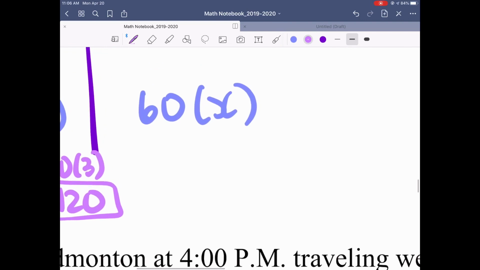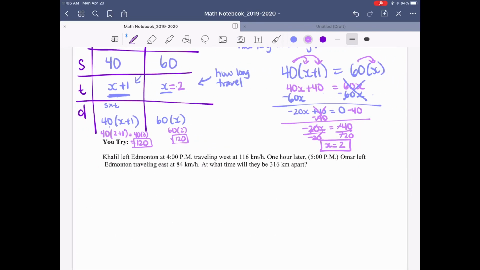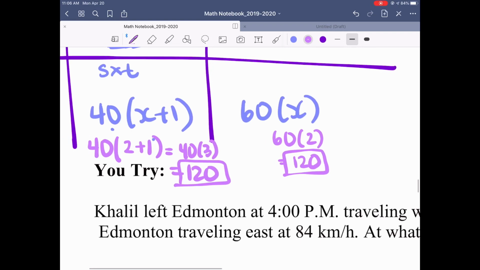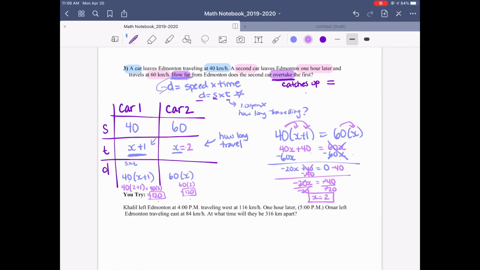And let's look at if we plugged it in here. 60 times X, where X was 2: 60 times 2 is 120. So it doesn't matter where you plug the X into, either way you're going to get that the distance was 120. So here the answer would be at 120 kilometers, car 2 overtakes car 1.